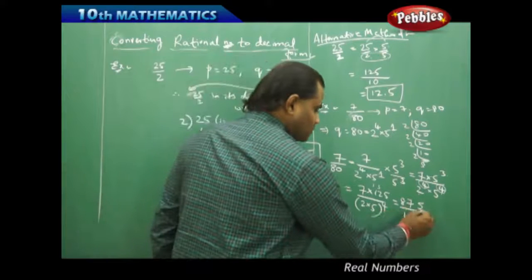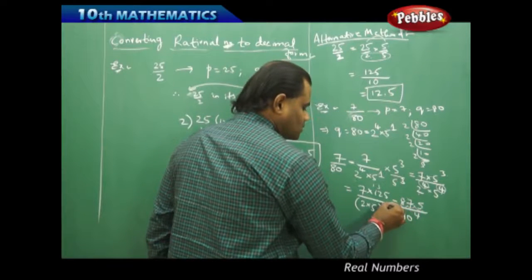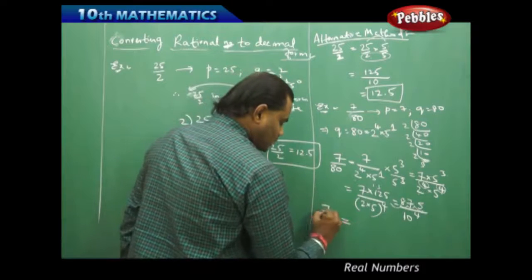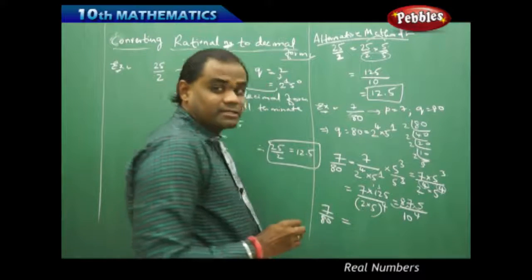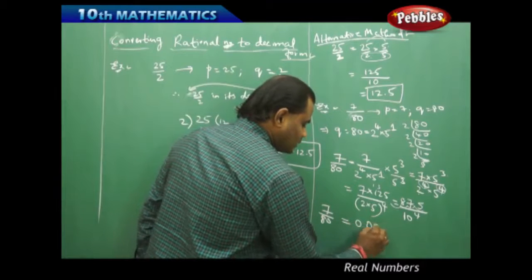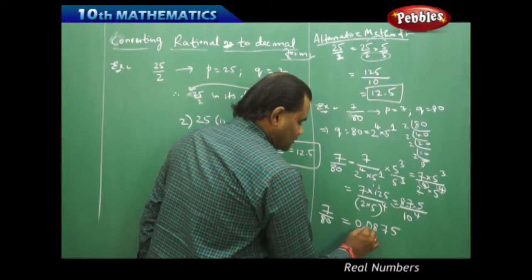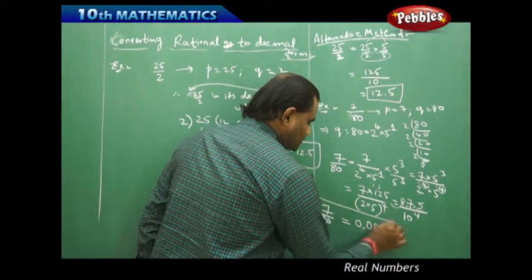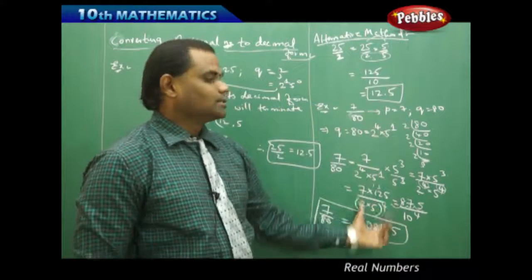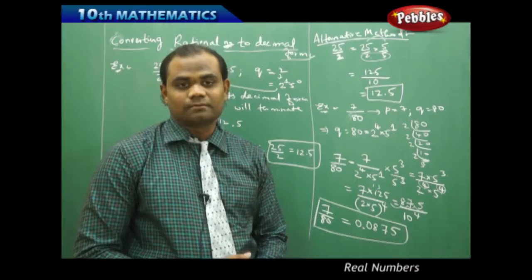So I have this moving 1, 2, 3 and a 0 added at the 4th step. Therefore, the answer for 7 over 80 in its terminating decimal form would be 0.0875.